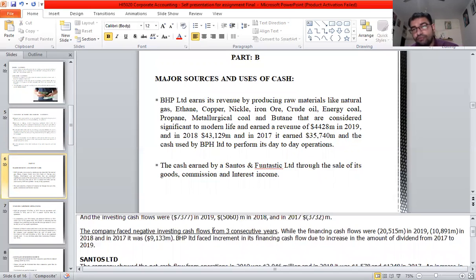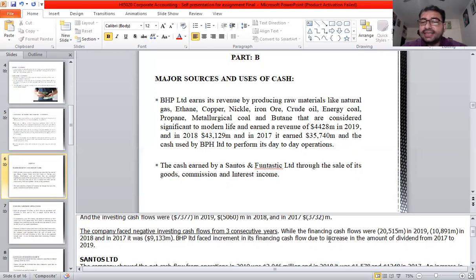The company, though, faced a negative investing cash flow for the last three consecutive years, or all the three that we are discussing, 2017, 18, and 19.